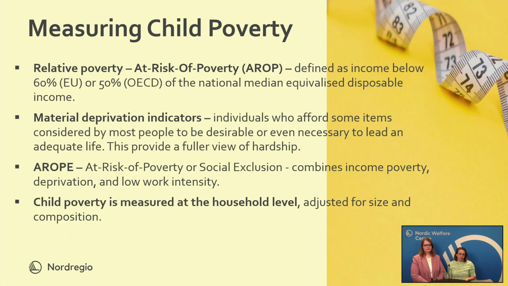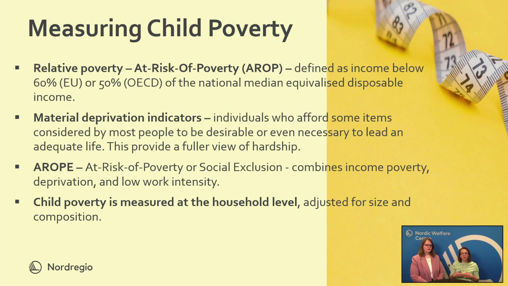In practical terms, what we do in this report is to try to measure poverty using, first, the at-risk of poverty rate, which we define as 60 or 50% of the equivalized median income in a country, as we said before. The second one is using material deprivation indicators, which ask individuals whether they have access to several needs or items that are defined as necessary in a specific society.